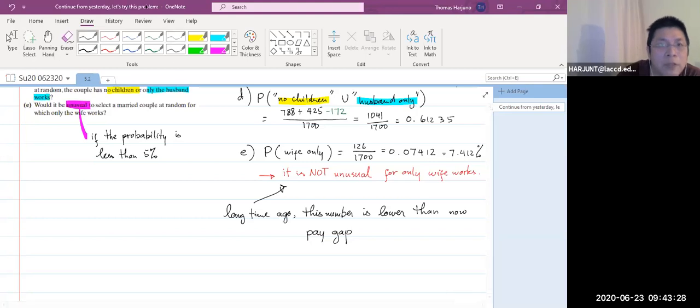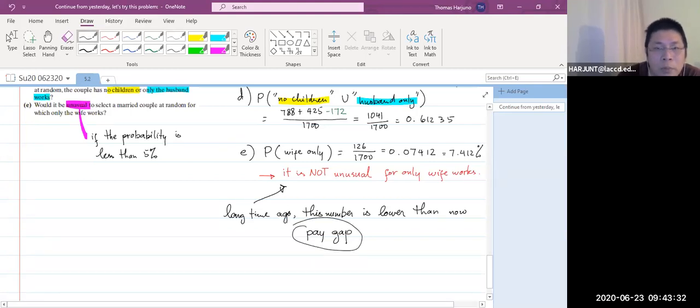And I believe this pay gap issue affects male and female going to work. Imagine if a female gets less pay compared to male, then of course for that particular couple, when they need to decide, they will decide to let the husband go to work so that the family can earn more, right?